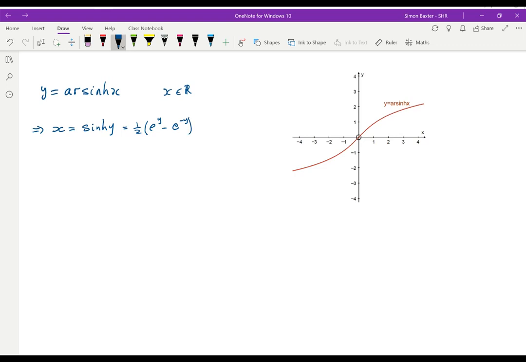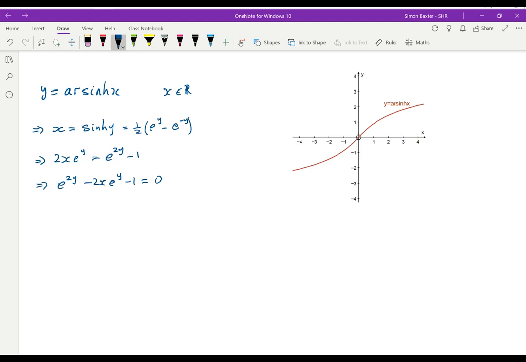Well, let's multiply both sides by 2 and by e to the y. I get 2x e to the y is equal to e to the 2y minus 1. Let's tidy that up. We get e to the 2y minus 2x e to the y minus 1 equals 0.